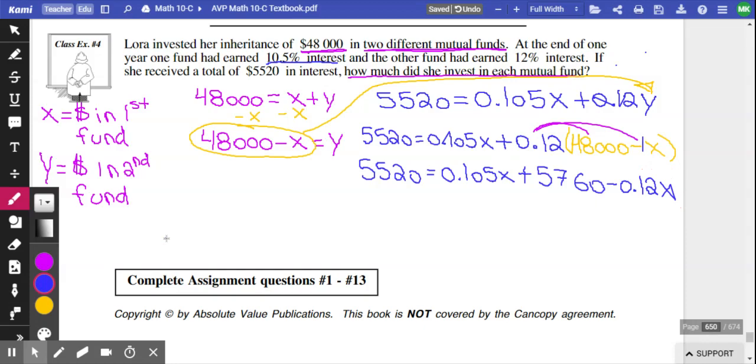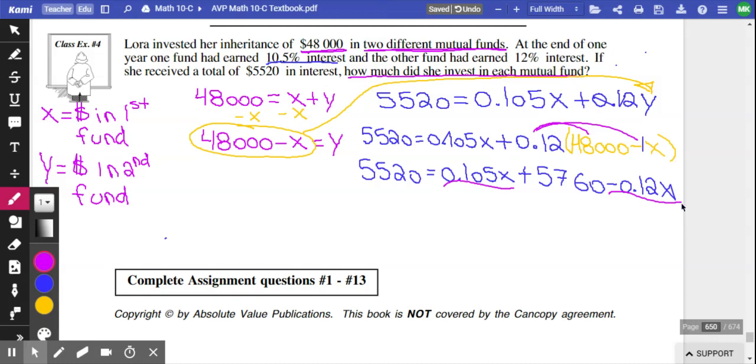First step was expand. After I expand, I collect like terms. My like terms are my x's in this case. I have 0.105x and then minus 0.12x. Use your calculator, make your life easier.